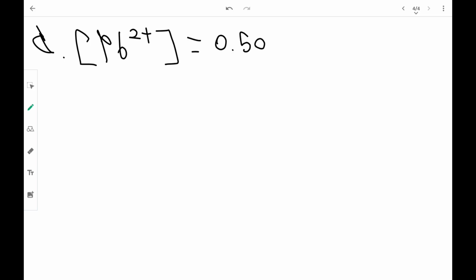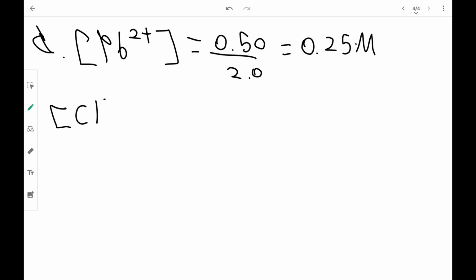And now let's find the concentration of Pb²⁺, which is 0.5 over 2.0, which is 0.25 molar. And the concentration of Cl⁻ is negligible since it is consumed and it is the limiting reagent. Okay, now let's start with finding the mass of PbCl2.